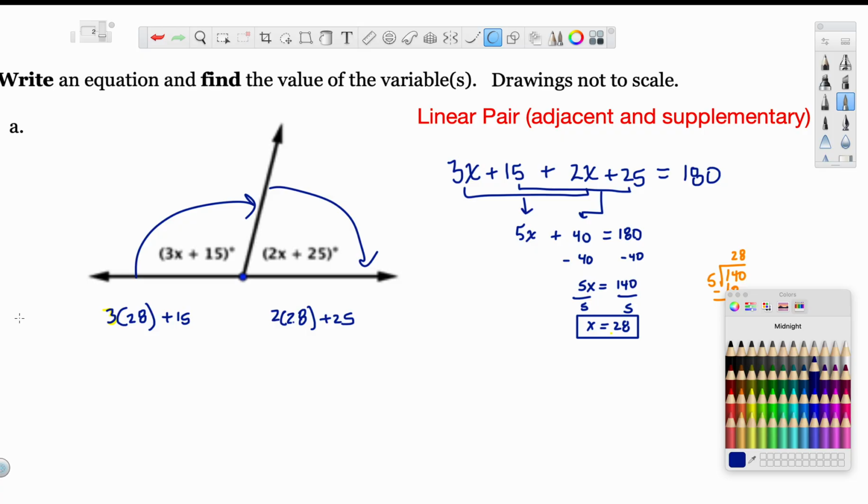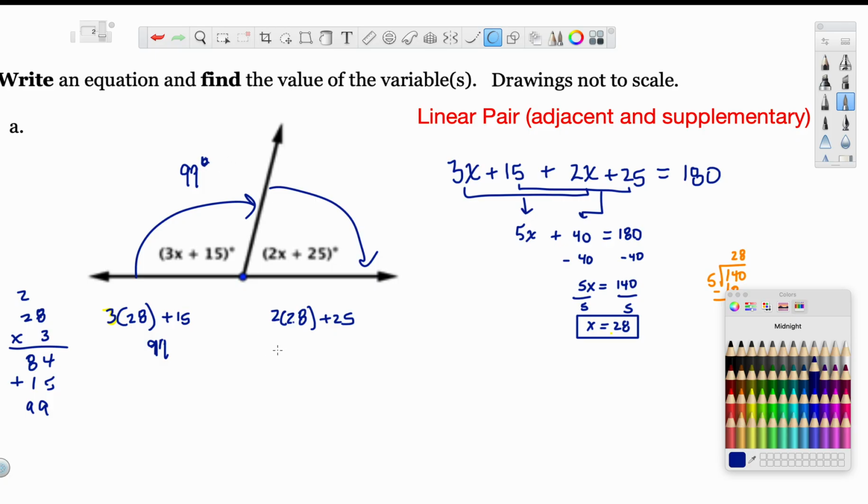So let's do 28 times 3. 8 times 3 is 24. 3 times 2 is 6, plus 2 is 8. And then we're going to add 15 to that. That's 99. So this angle is 99 degrees.